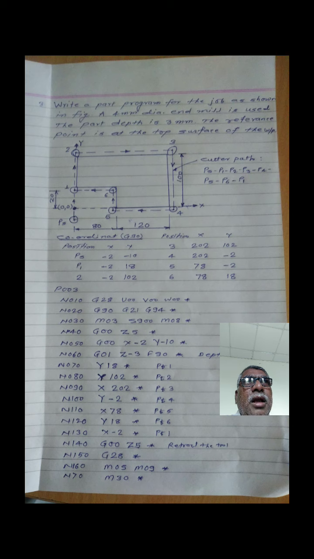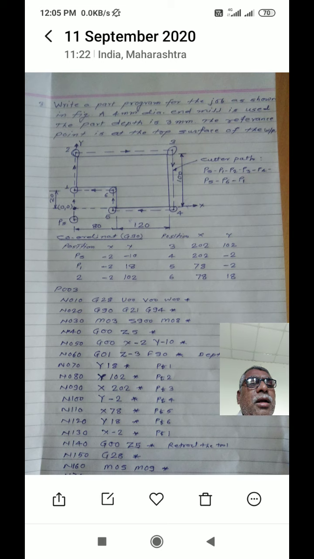But as the coordinate values are measured from workpiece 0, you have to mention the target point, that is minus 3 mm, below the workpiece 0, so that is Z minus 3. F90, the F means controlled feed rate is 90 mm per minute, end of the block. Means the depth of cut is given in block number 60.